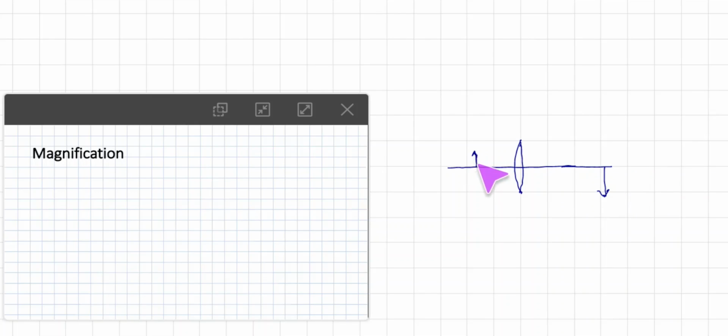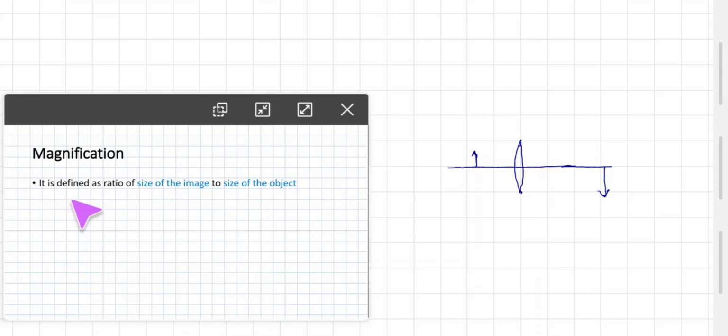The relation between the size of the image and the size of the object is basically magnification. It is defined as the size of the image and the size of the object. So this is an object O and this is image I. Magnification is given by I upon O, that is size of image divided by size of object.